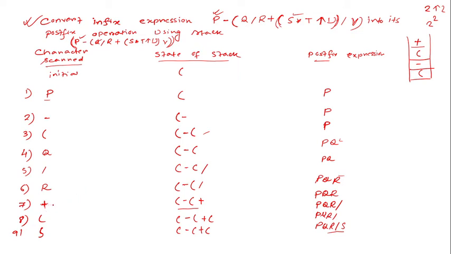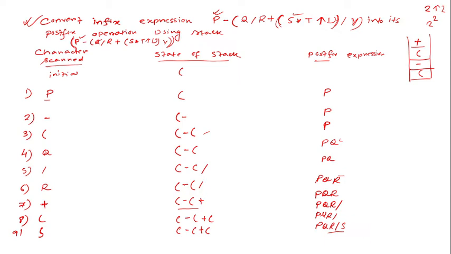After that we have a plus operation. One very important thing: if in a stack we have a higher priority operator and after that we want to store some lower priority operator, we need to pop up that higher priority operator, otherwise we can't store the lower priority operator. This is the precedence.